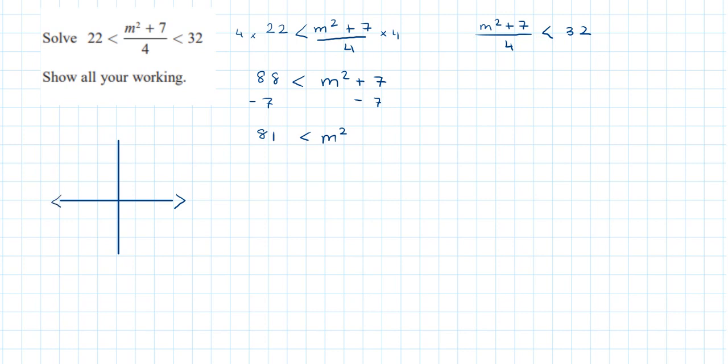I'll just write that down as an equation: m is equal to either plus or minus 9.